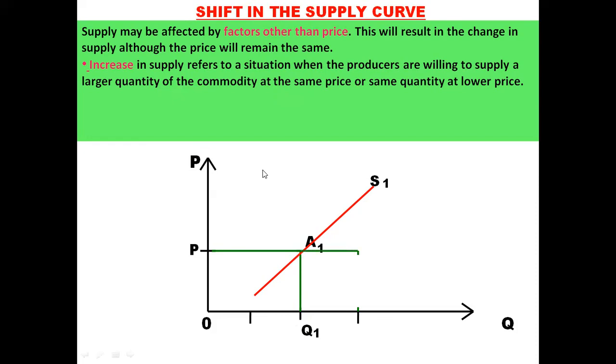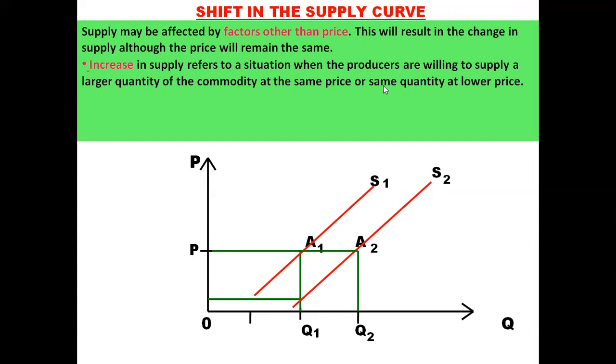So the price remains the same and the producers are willing to supply more, there will be a rightward shift of the supply curve. So the supply curve shifts rightward from S1 to S2. At the same price level P, quantity supplied increases from Q1 to Q2. And we get a point A2 on the supply curve S2.